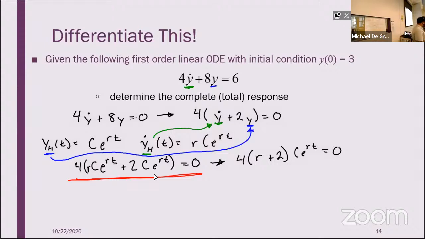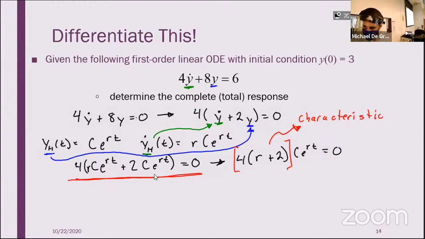Now it looks gross. But hey, when I factor out c e to the rt, which I can, because everything has c e to the rt, everything that I'm left with over here is now my characteristic equation, right?